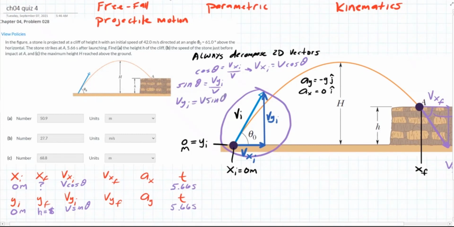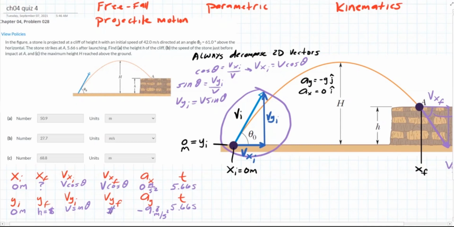What about final X? Because A sub x is 0, this object does not speed up or slow down in the horizontal direction, so Vx final is the same: V cosine theta. A sub y is negative 9.8 meters per second squared. Vy final, I don't know, but I do have to find that out.